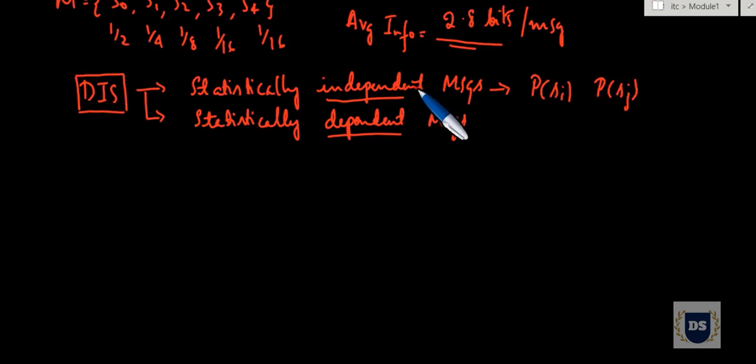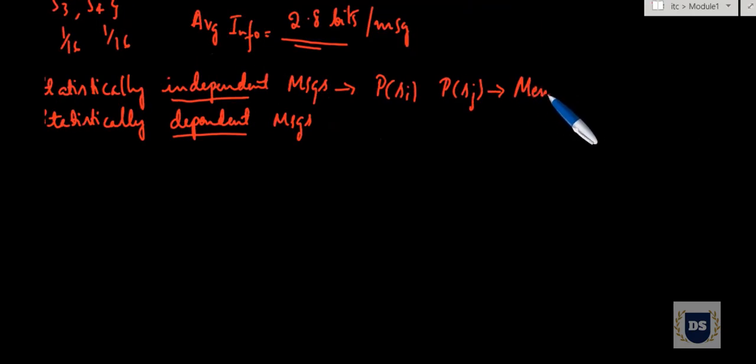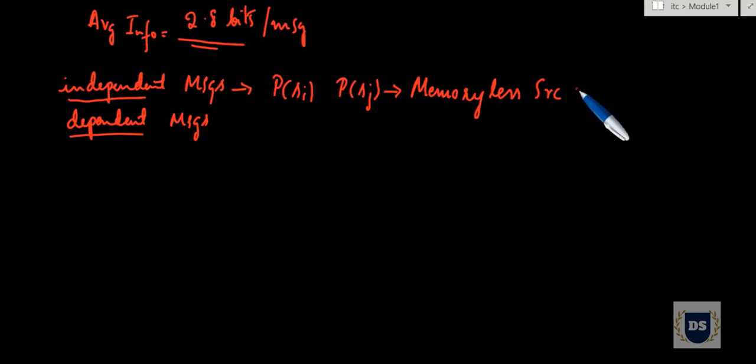Such a source which emits statistically independent sequences is also referred to as a memoryless source, or a zero memory source.